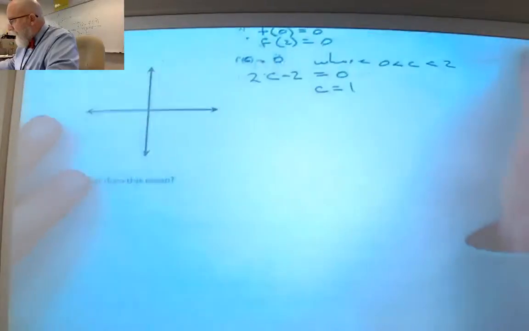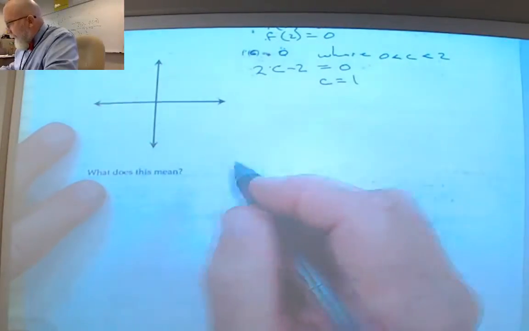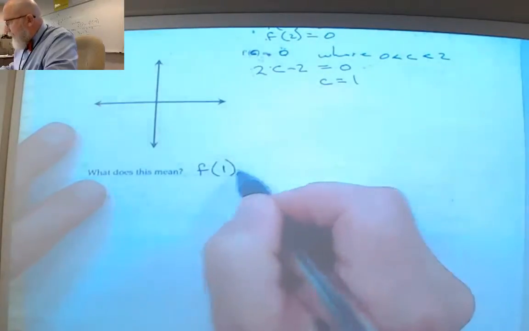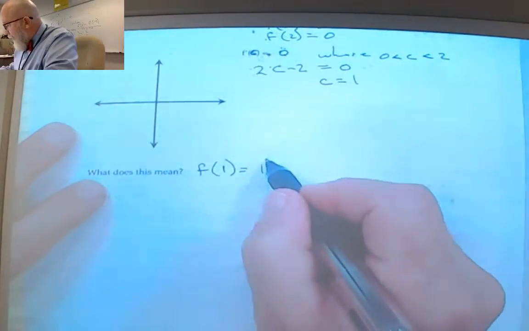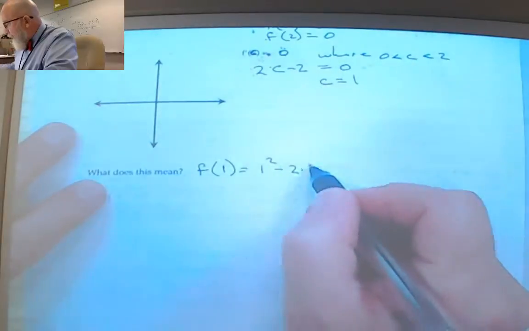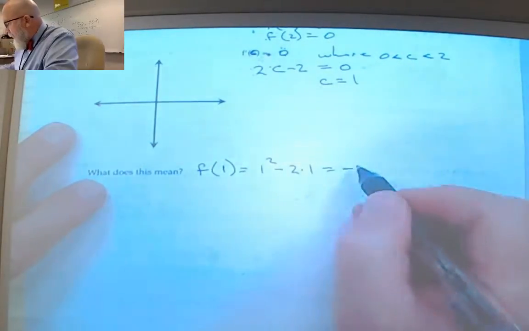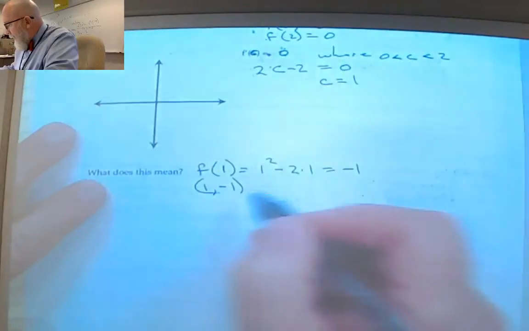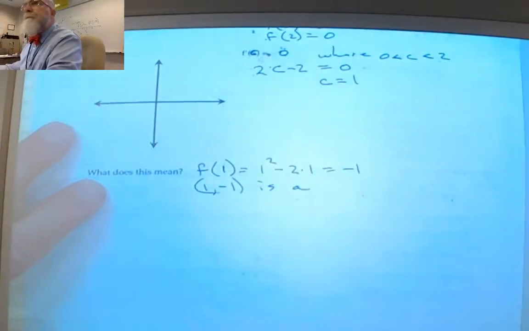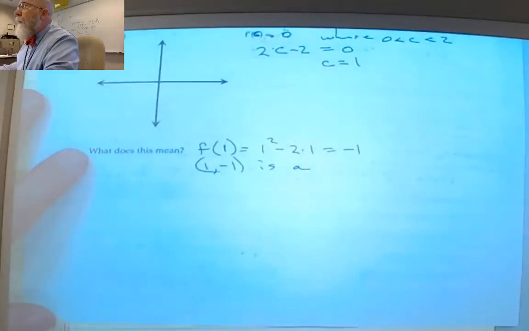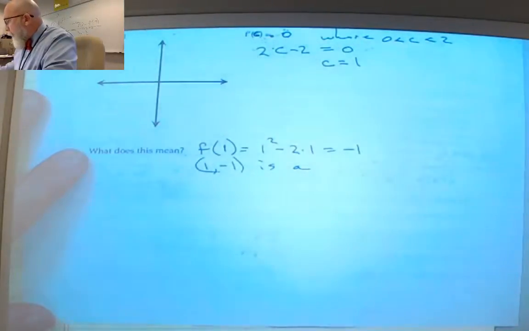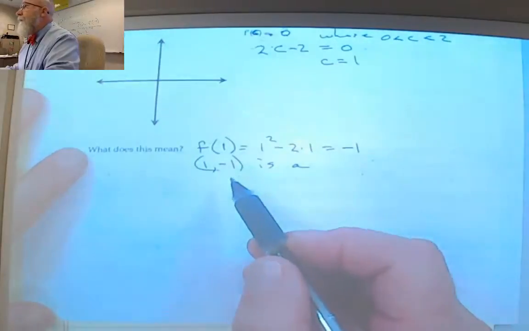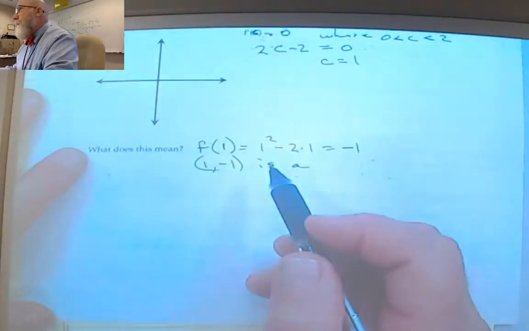What does that mean? Well, that means if I put 1 into 1 squared minus 2 times 1 into my function, I get a negative 1. That means 1 is a critical number, but 1 comma negative 1 is not a critical number. It's a point.